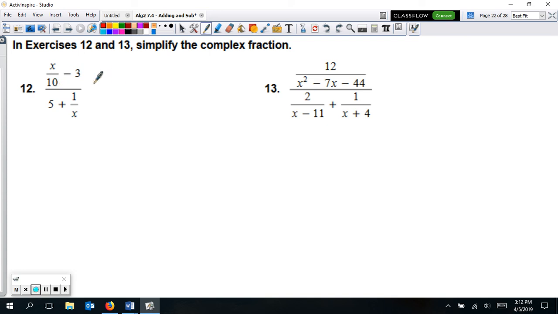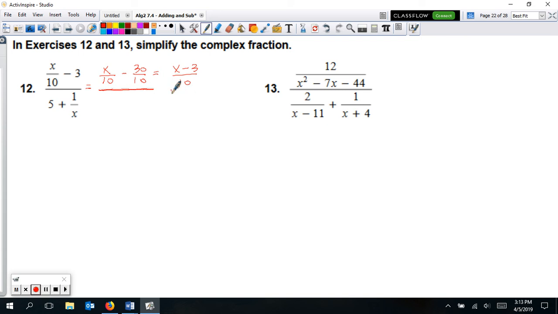So we'll put equal sign, and then our 10's at the bottom here. X is going to be still on the top of that one. And with this one, 10's on the bottom, so 10 times 3 will be 30 right there. So that's going to end up being x minus 30 over 10. So that's our top fraction right there on that one.